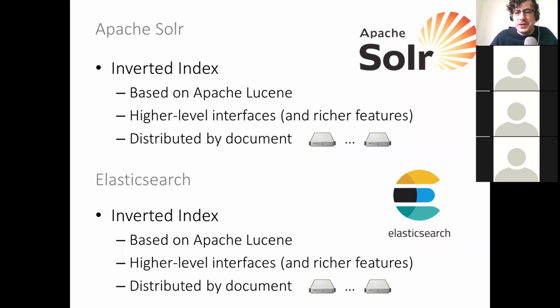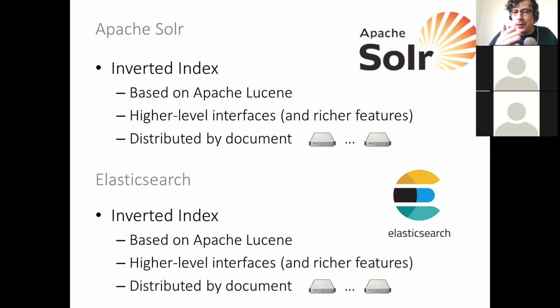They offer similar features. The reason why Elasticsearch is so commonly used in practice is that it is combined with other tools that offer visualization, like Kibana, and a log processing tool called Logstash. There's this framework called ELK, E-L-K. I don't remember what the L stands for, but it's log something.